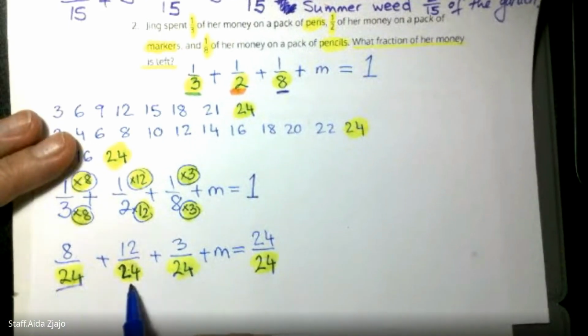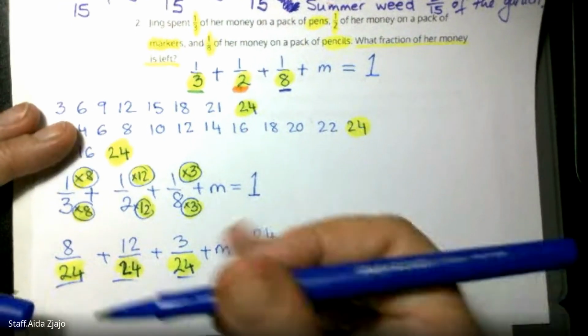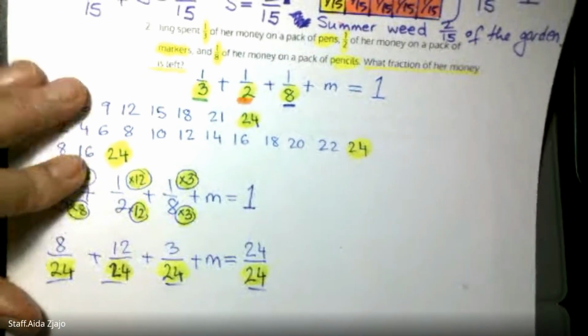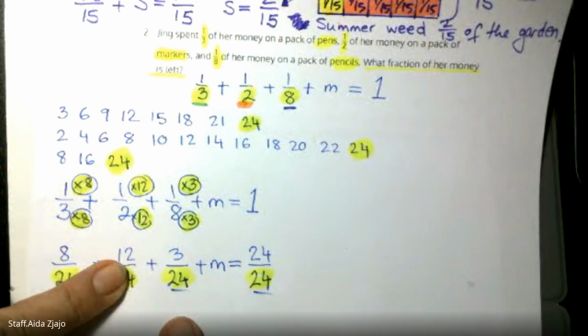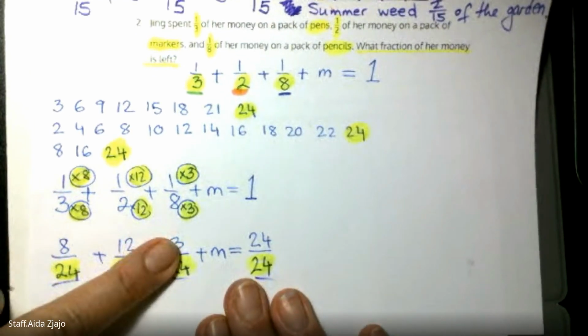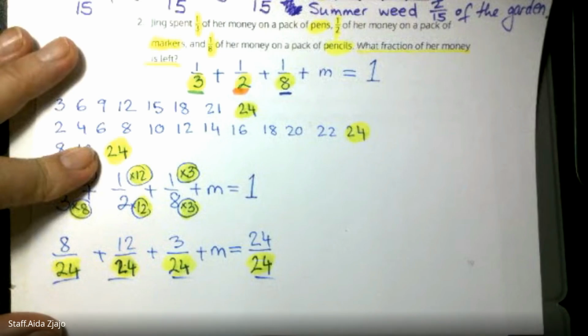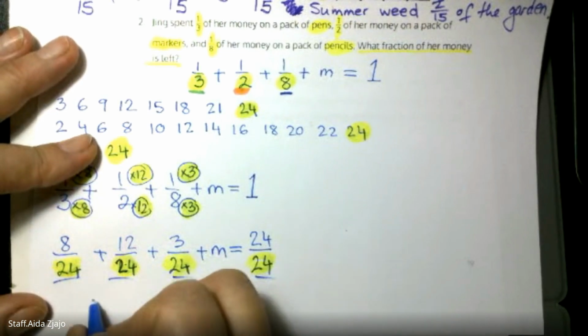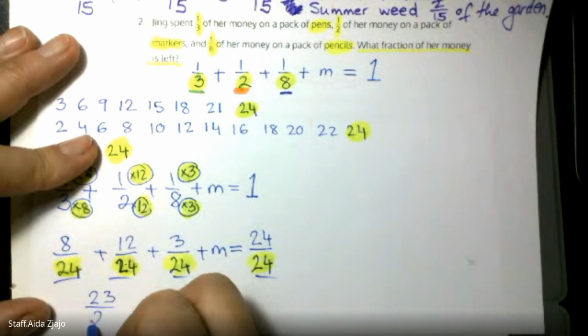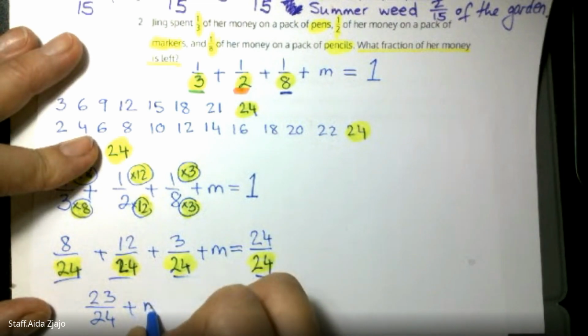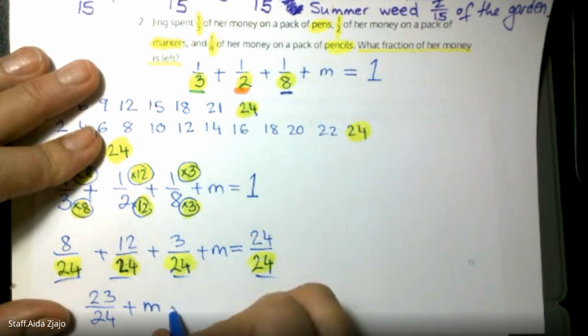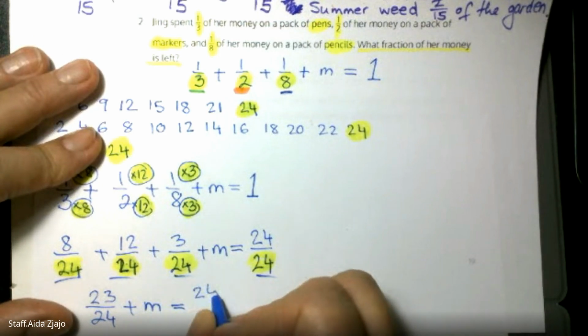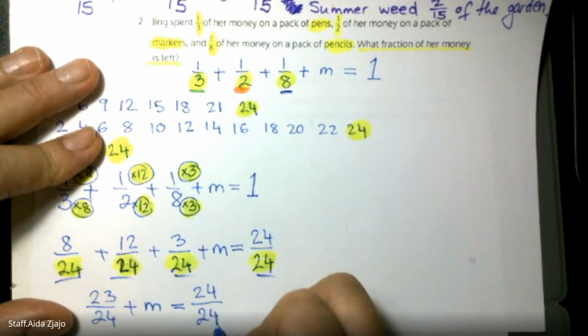Now they're 24ths, 24ths, 24ths, 24ths. 8 plus 12 is 20, plus 3 is 23. So we have 23 24ths plus leftover money must equal 24 24ths.